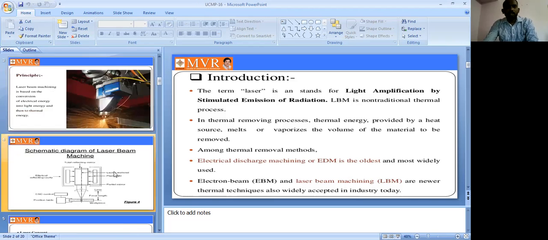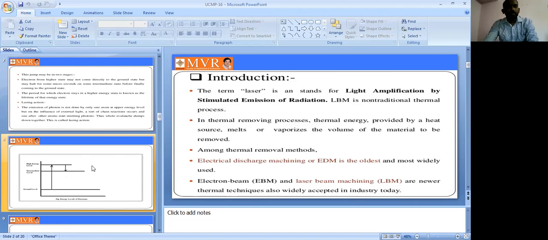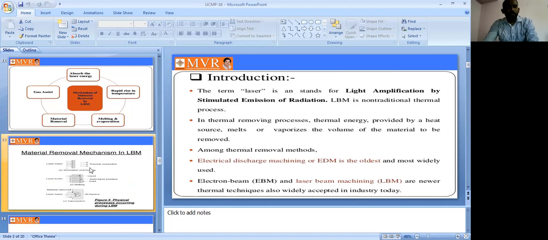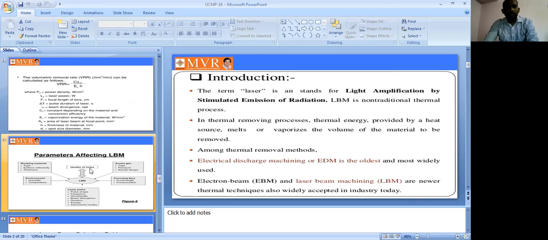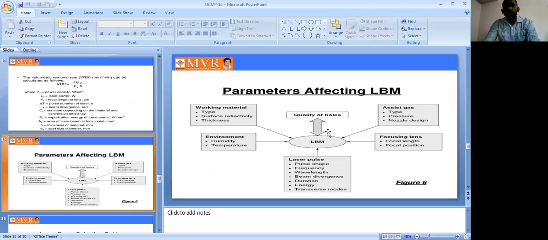In today's class we will discuss the effects of some of the parameters on LBM. See here, some parameters affect LBM. In this process we can use different kinds of parameters. What parameters affect LBM?